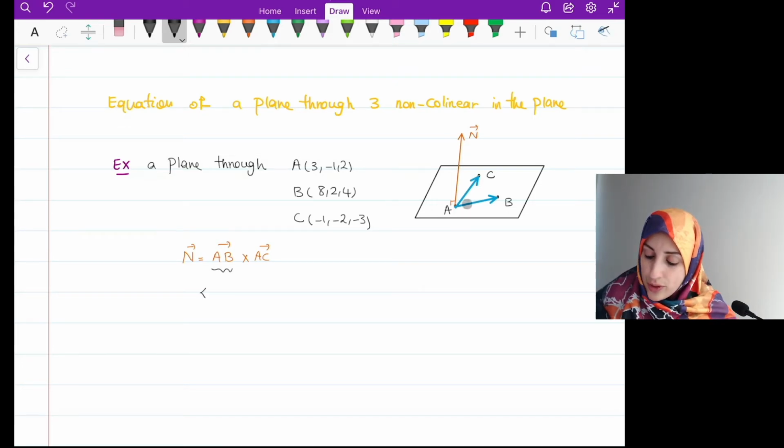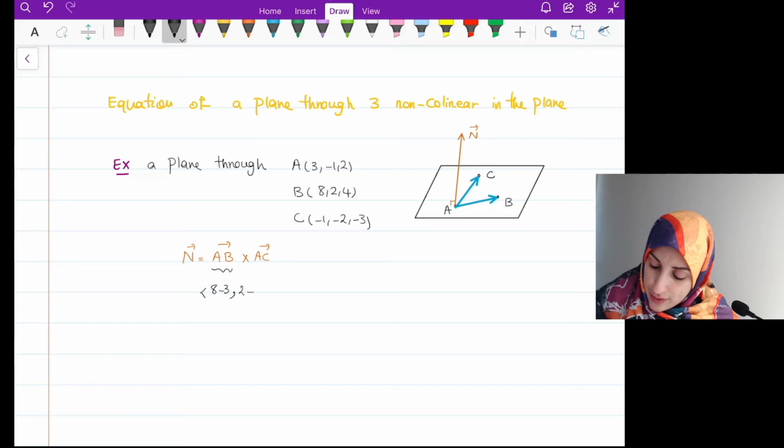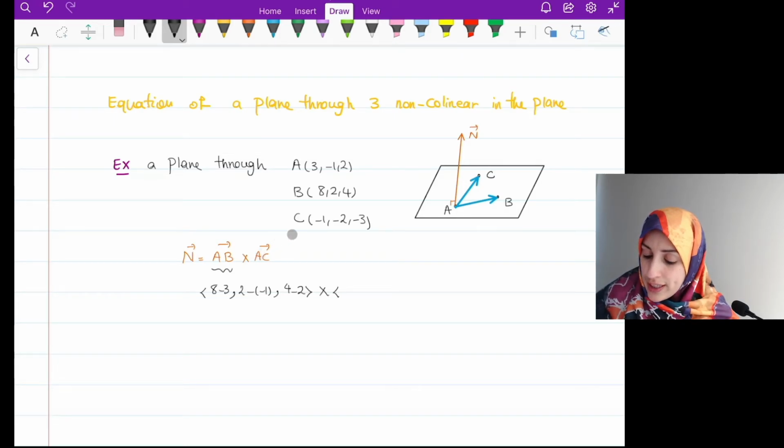So AB is the coordinates of B minus the coordinates of A. So it would be 8 minus 3, let me write everything: -1 and then 4 minus 2, and then cross product with AC, the coordinates of C minus the components of A: -1 minus 3, -2 plus 1, and then -3 minus 2.